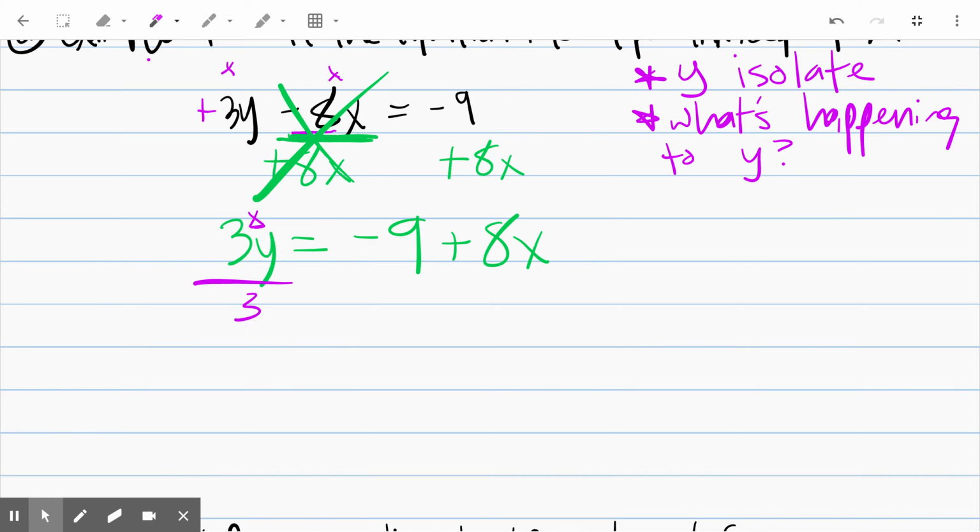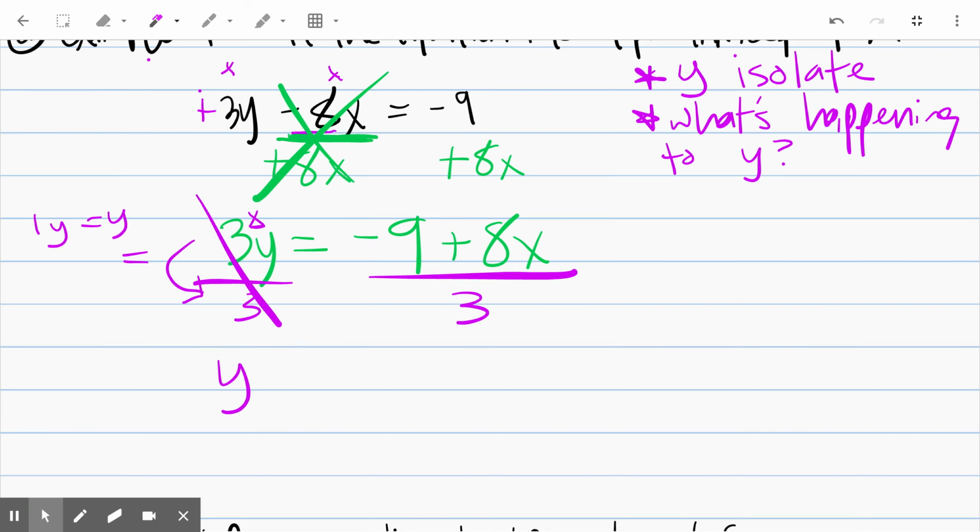And if I divide by 3 over here, I have to divide by 3 over here. So 3 divided by 3 gives us 1y, which is the same thing as just saying y. So we're going to end up with y over here.